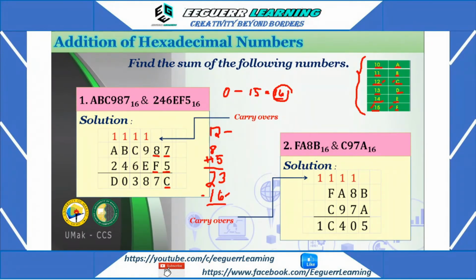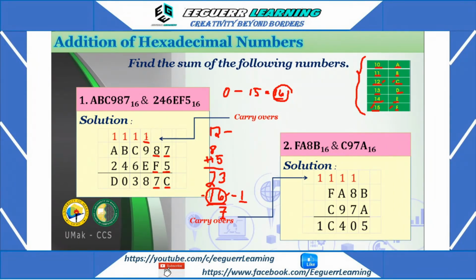So 23 minus 16 is 7. Okay, so 7, we place 7 here, and we already have a whole cycle of 16, which is equivalent to 1 cycle, and we use this as our carry, this one whole cycle.